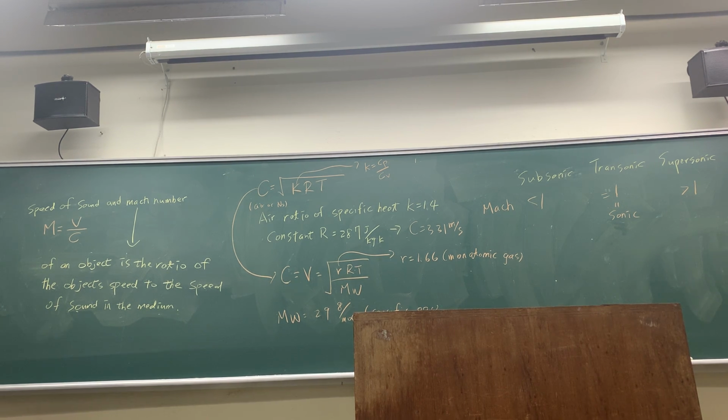If it's monatomic, meaning a single atom, the ratio changes. You also have to consider that the molecular weight is different, so your C might be different. Anyway, the important thing on the right-hand side is that when people say supersonic, it means the speed is higher than 331. All right, is that clear?